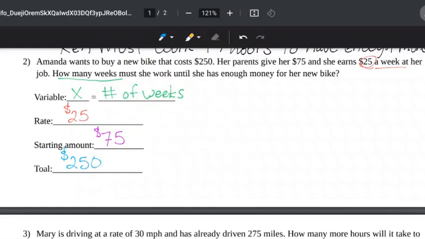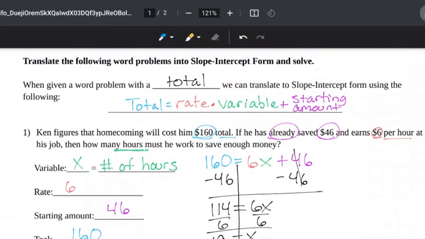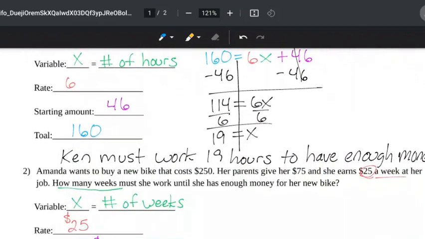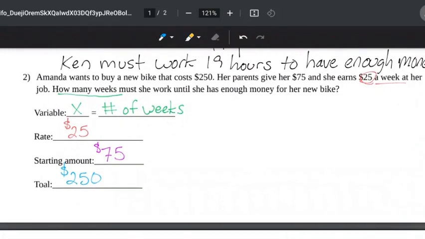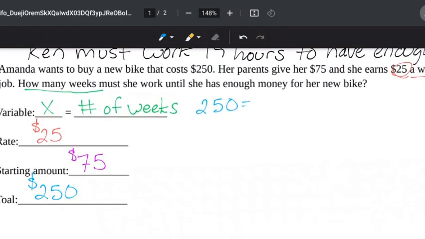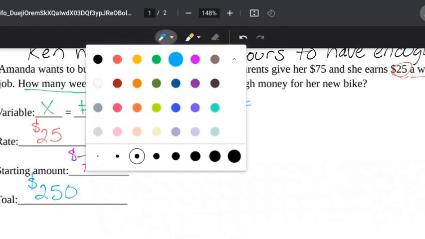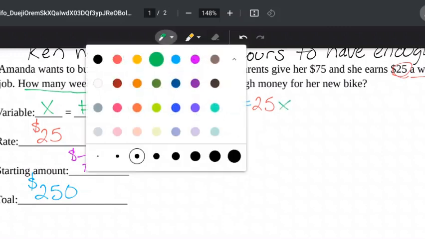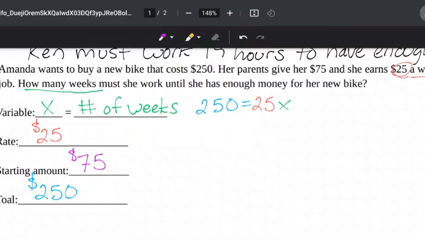The first thing we need, according to our outline up here, our formula is total equals rate times variable plus our starting amount. So our total, $250, equals our rate, 25, times our variable, which is x, plus our starting amount, which is 75.